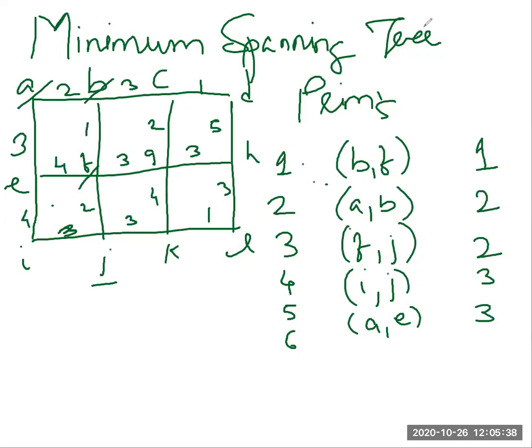All are having the same weights. So when the edges are having the same weights, we can consider any one edge that we want. Let's say B comma C, and the cost is 3. Now consider all the edges which have minimum weight.